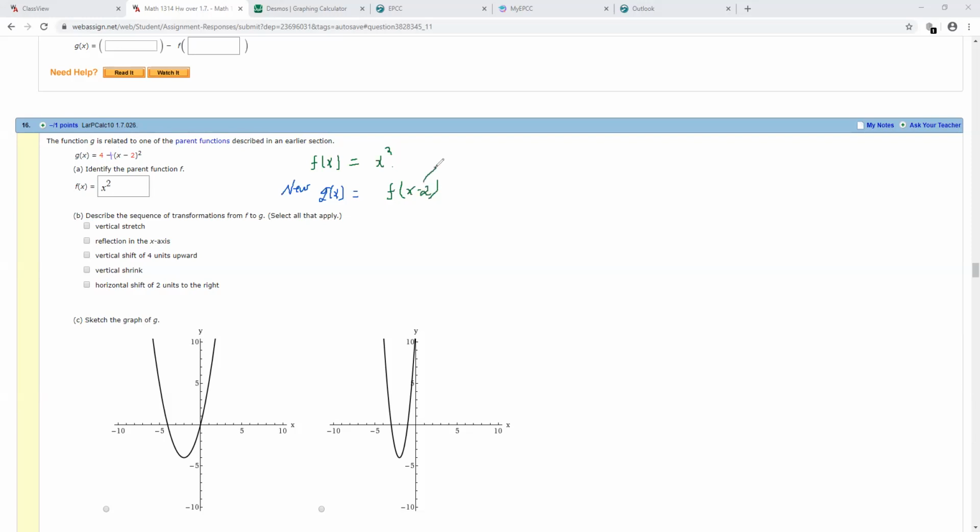So that part is a horizontal translation of what, Megan? 2 to the left, or do you do the mathematical inverse of subtraction of 2? The inverse, so it'll go 2 to the right. 2 units to the right.